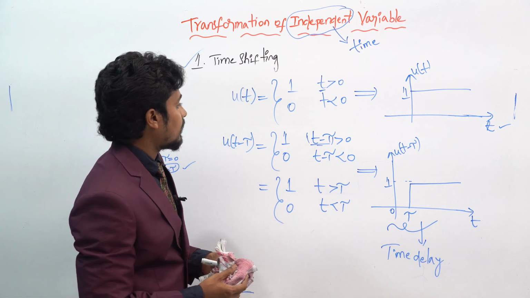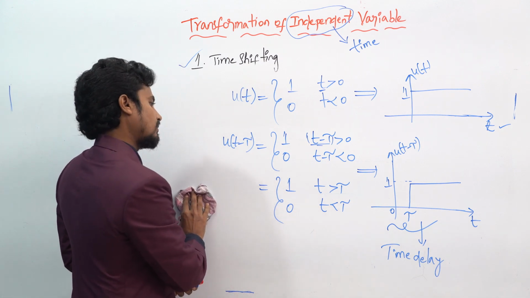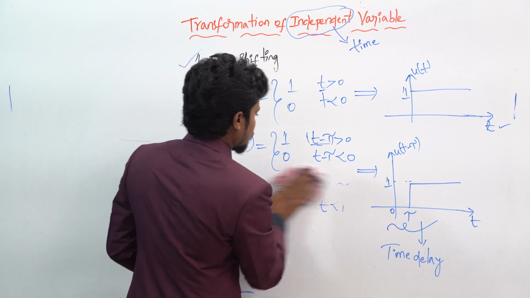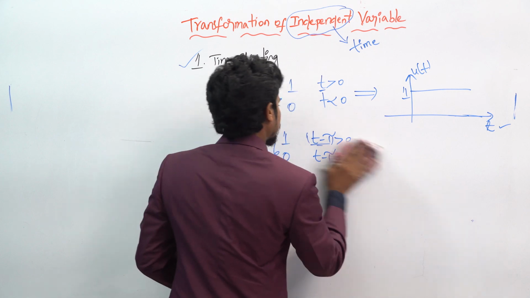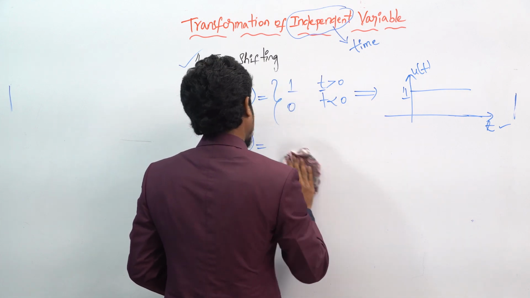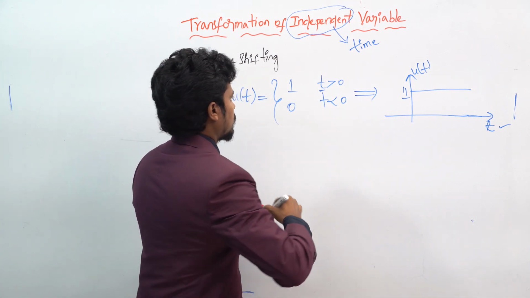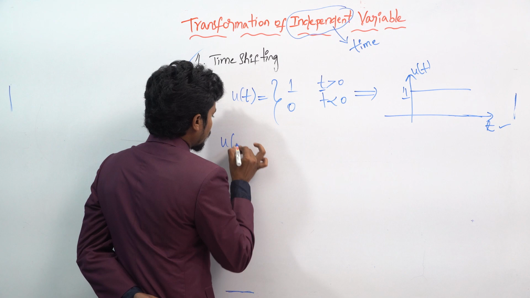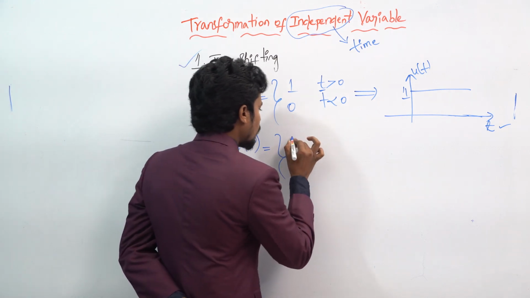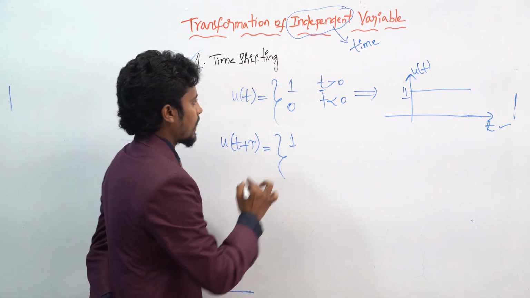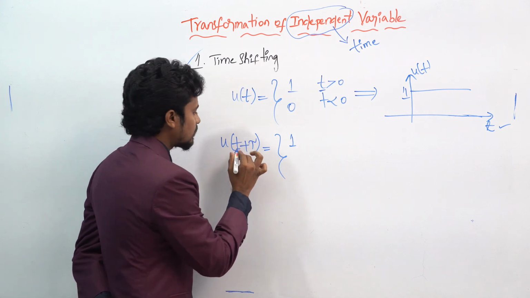Next we will see what is meant by time advancing. Next case: u of t plus tau. Here in place of t you put t plus tau.